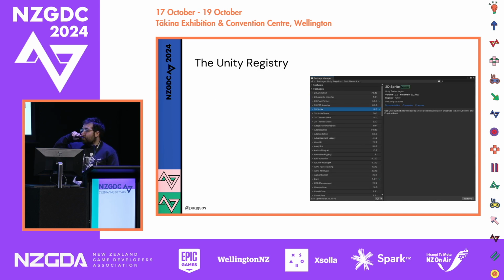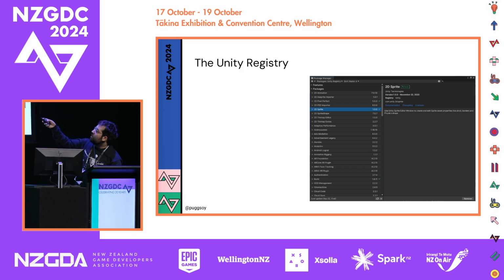The next part I want to go over is the Unity registry, which is probably where you get most of your packages from. Even if you've never opened up this window, you're using Unity packages in any project that you made since 2018.2 basically. A lot of Unity's default features end up going into this.